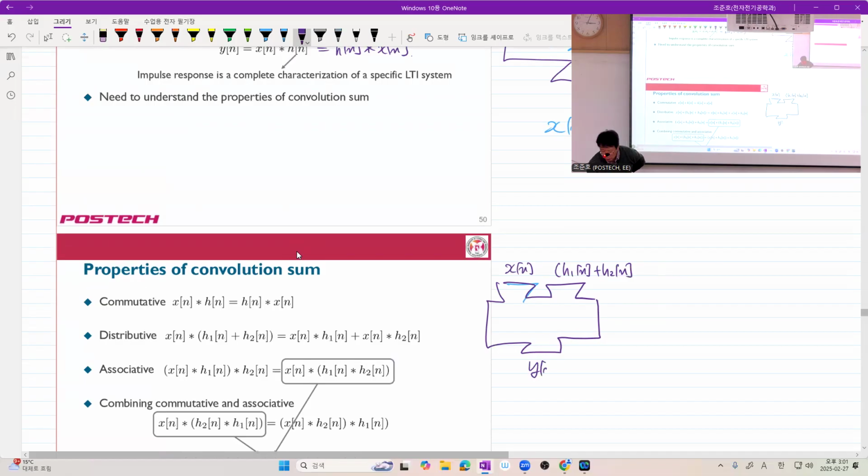Then let's say the output is y. And here on this is the left-hand side. What is the right-hand side using this figure?